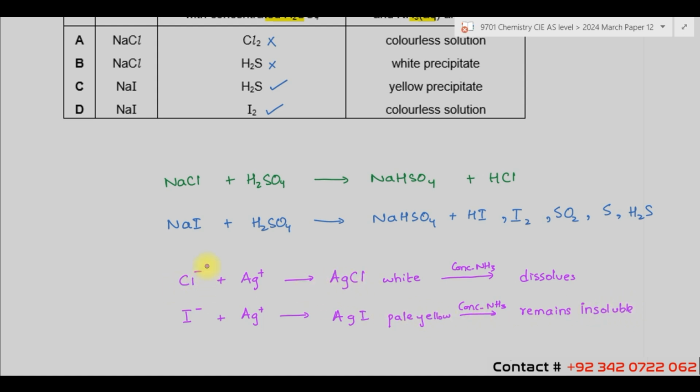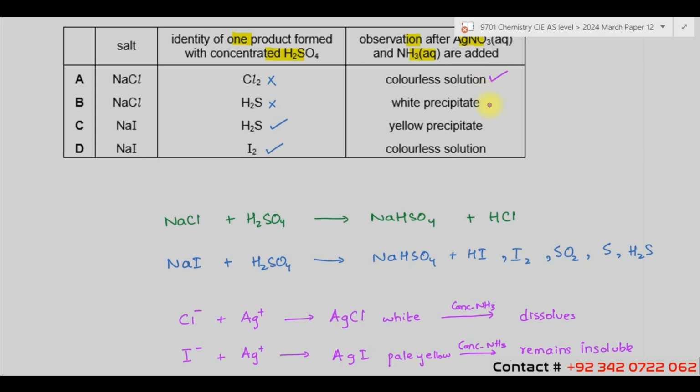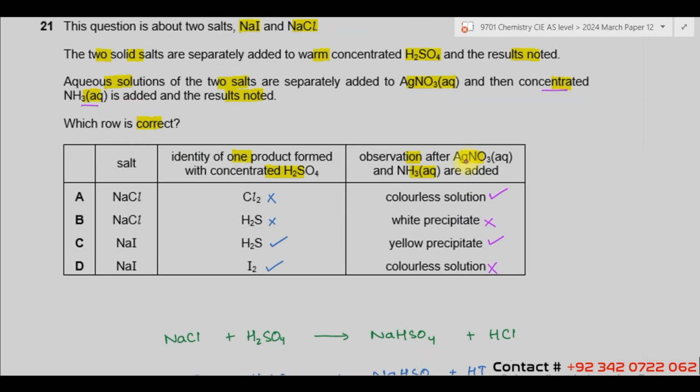So for Cl negative we have a colorless solution, not a white precipitate. For iodide we have a yellow precipitate because it remains insoluble. The correct answer is therefore C.